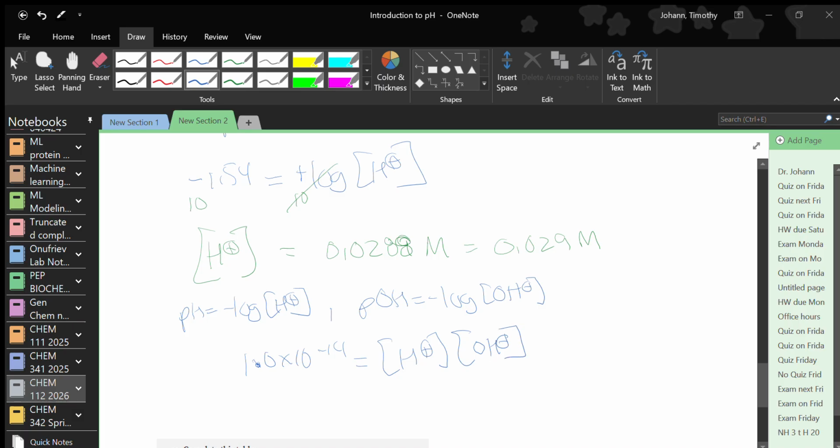And I can use these three equations. You can see if I know my H plus concentration, I can figure out my pH, right? And if I know my H plus concentration, I can figure out my OH, and then I can figure out my pOH. All right? So essentially, if I know my pH, my pOH, my H plus or my OH minus, any one of those, I can calculate all the other three.